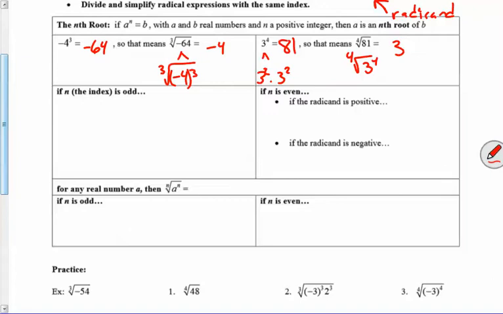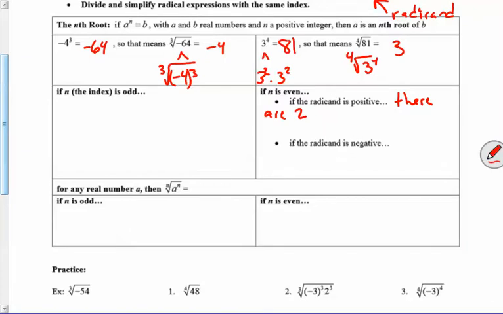There's a difference between a principal root, which we'll talk about. Anytime n is even, if the radicand is positive, so that 81 was positive, there are still two real roots. Probably just write that in there.